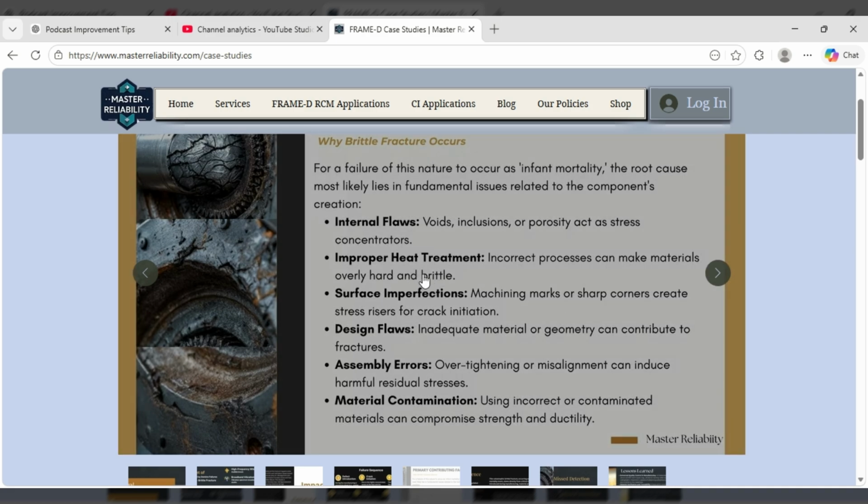So we have improper heat treatment, surface imperfection, design flaws, assembly errors, right? During installation at the factory or during the acceptance, we may have a flaw because let's say that we didn't align the part properly, which caused a misalignment at the beginning, and then that misalignment escalated and caused abnormal wear on the part.